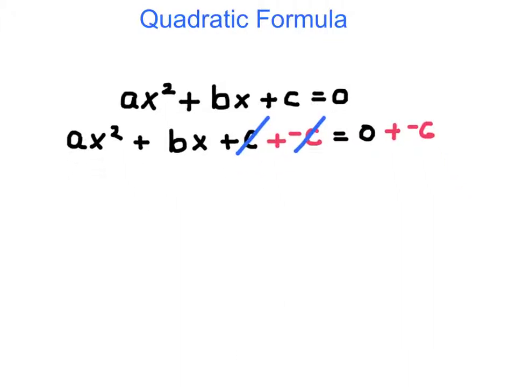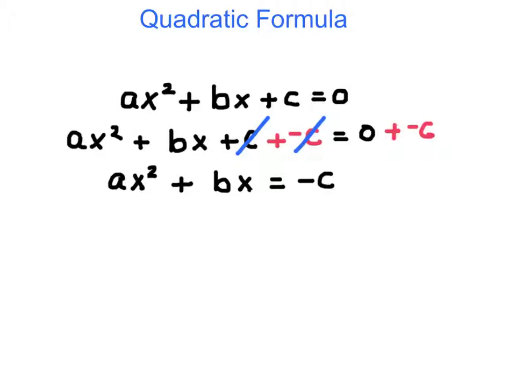So now what I have on the left-hand side is ax squared plus bx, equal to negative c. Remember, we're trying to isolate x.